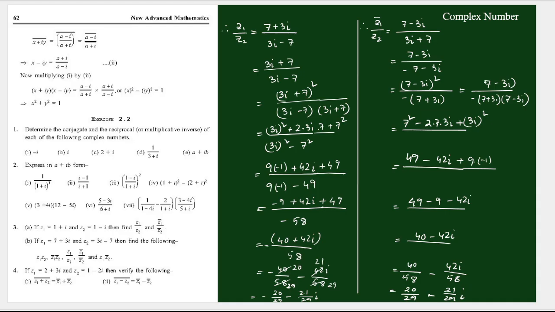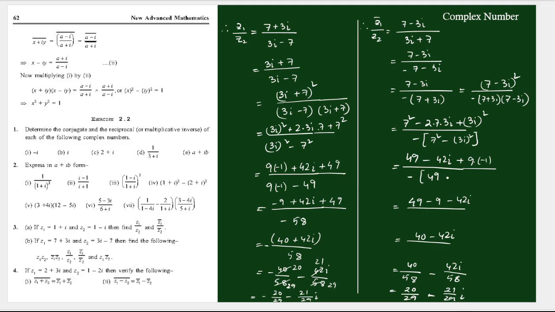Here the square will not be there. Now it is correct. So it will be minus, right? 7 square minus 3i whole square. So minus will be there.